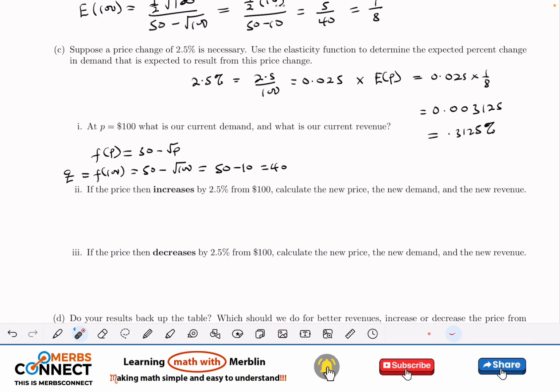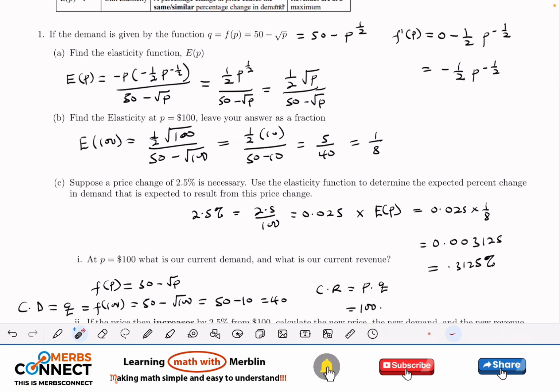Right. So now what is the current revenue? We know that revenue is equal to price times quantity. So what is the price? The price is 100 times what is the quantity?